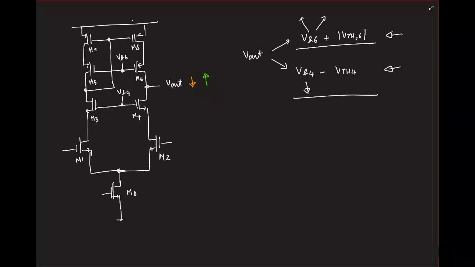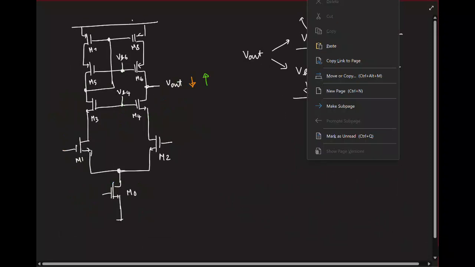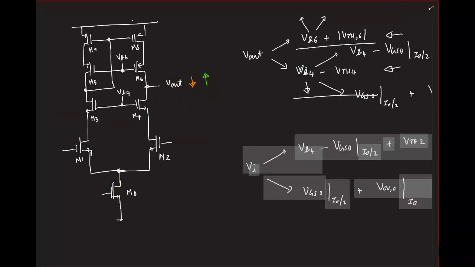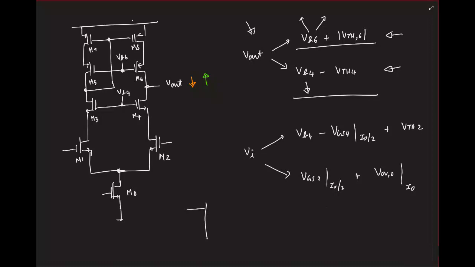It's one difference. So let me copy paste this guy. So this is now the range for the input common mode, and this is for the output side. Now let us say I try to put this guy in unity feedback like this.